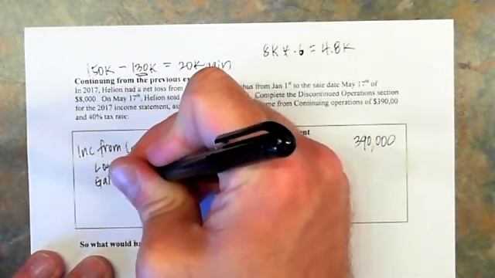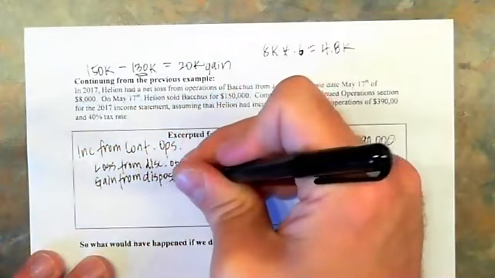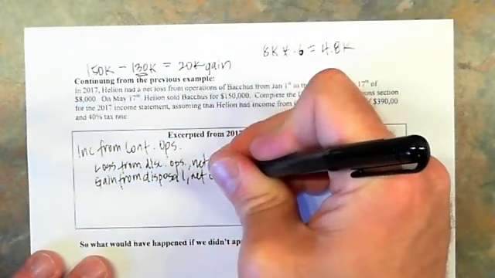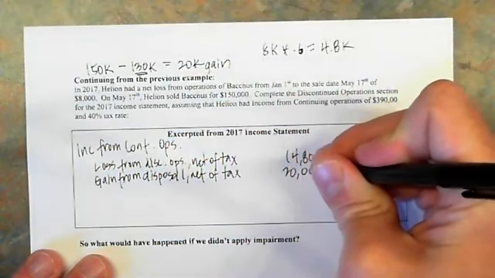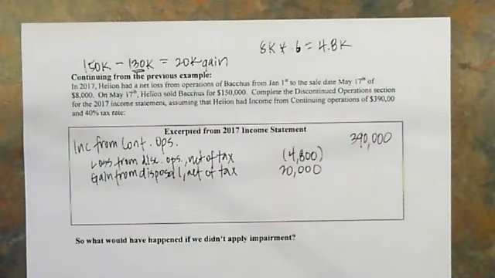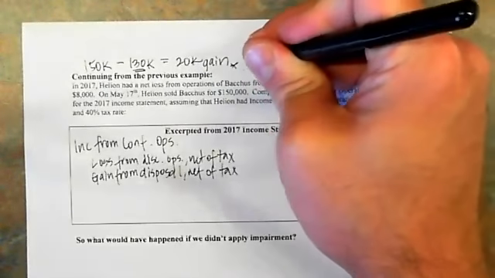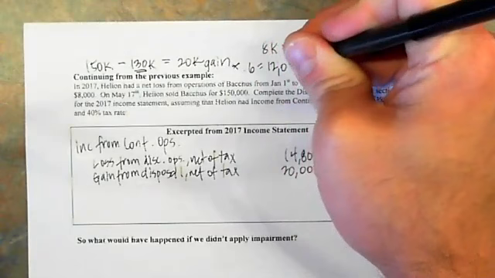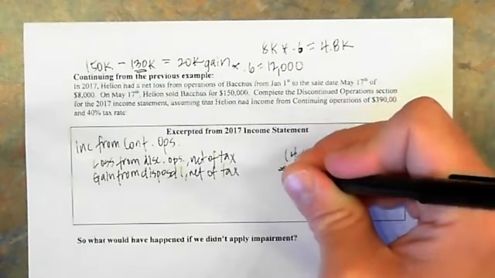A gain from disposal, net of tax, is $20,000. So the $20,000 then would be, I just made a huge mistake, right? I didn't take taxes. That is not net of tax, that's pre-tax.